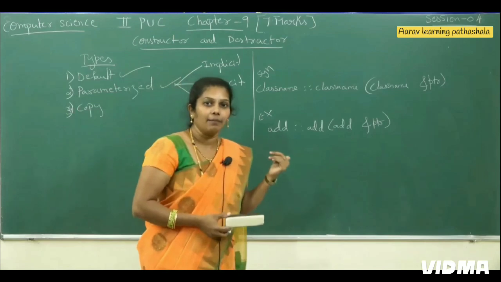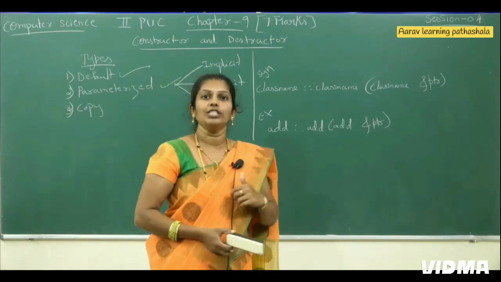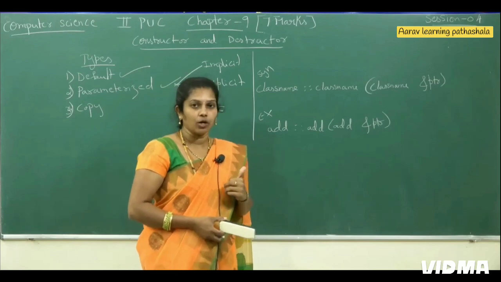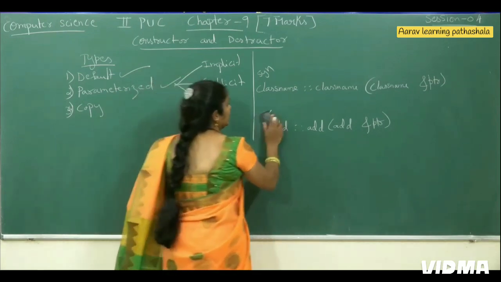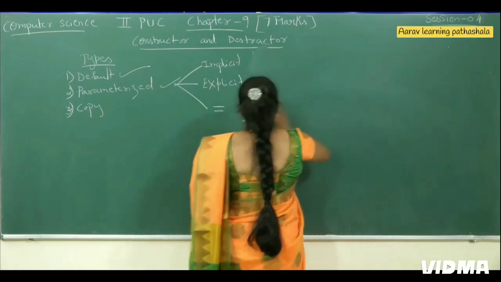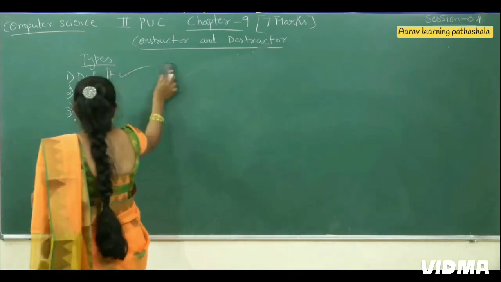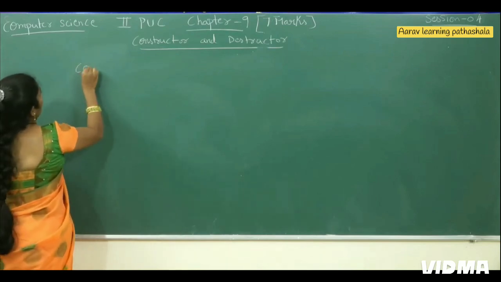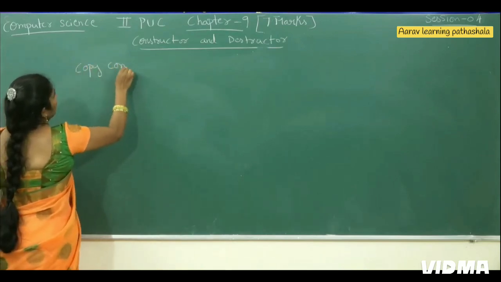Copy constructor is a parameterized constructor using which one object can be copied to another object. Now is it clear? Then we will explain some advantages as well as disadvantages of this copy constructor. Already you have come to know what we mean by copy constructor.